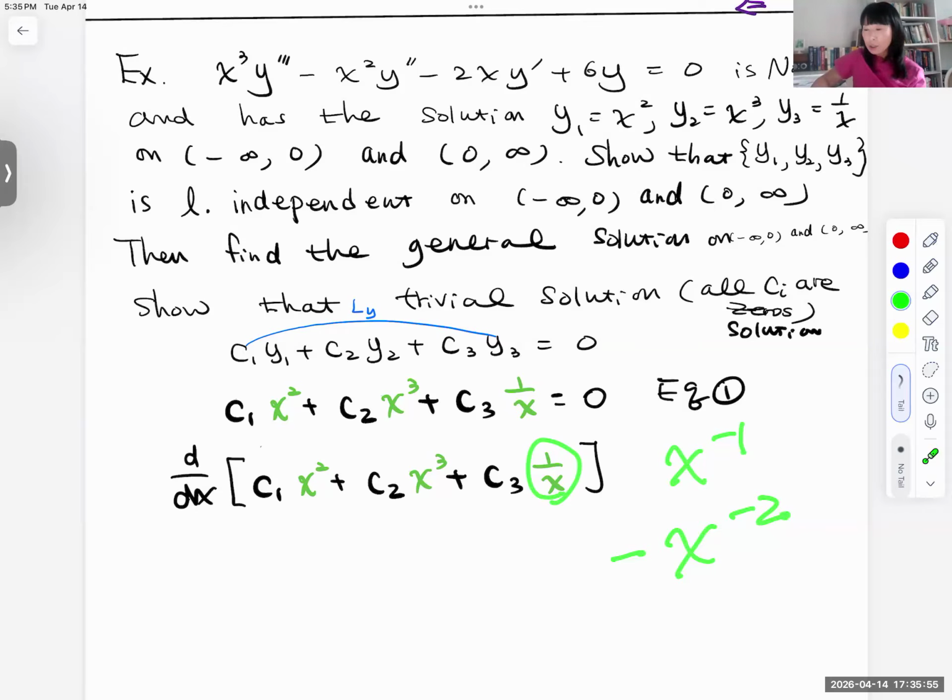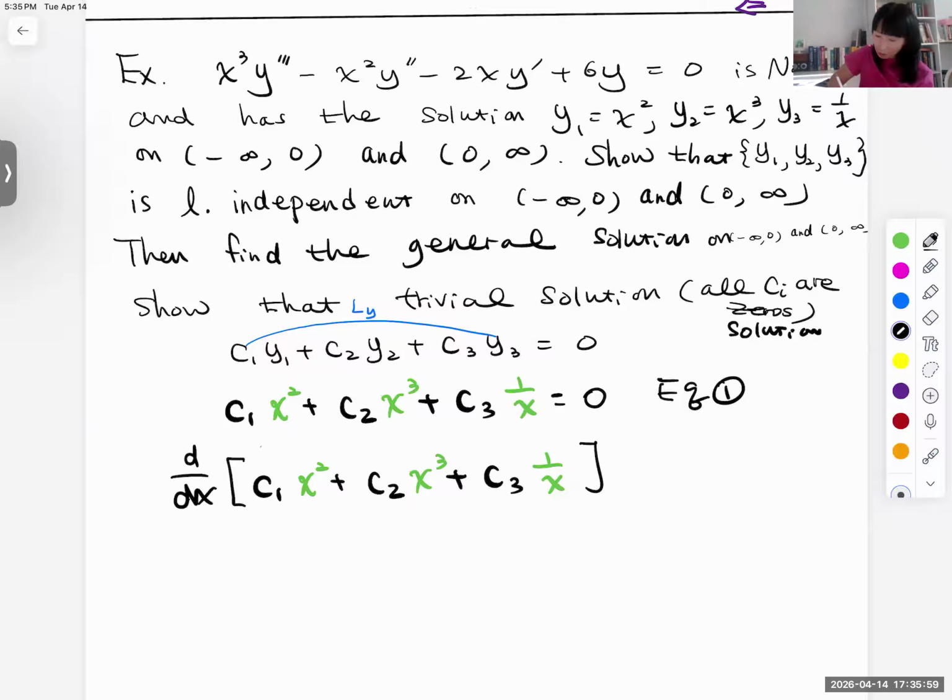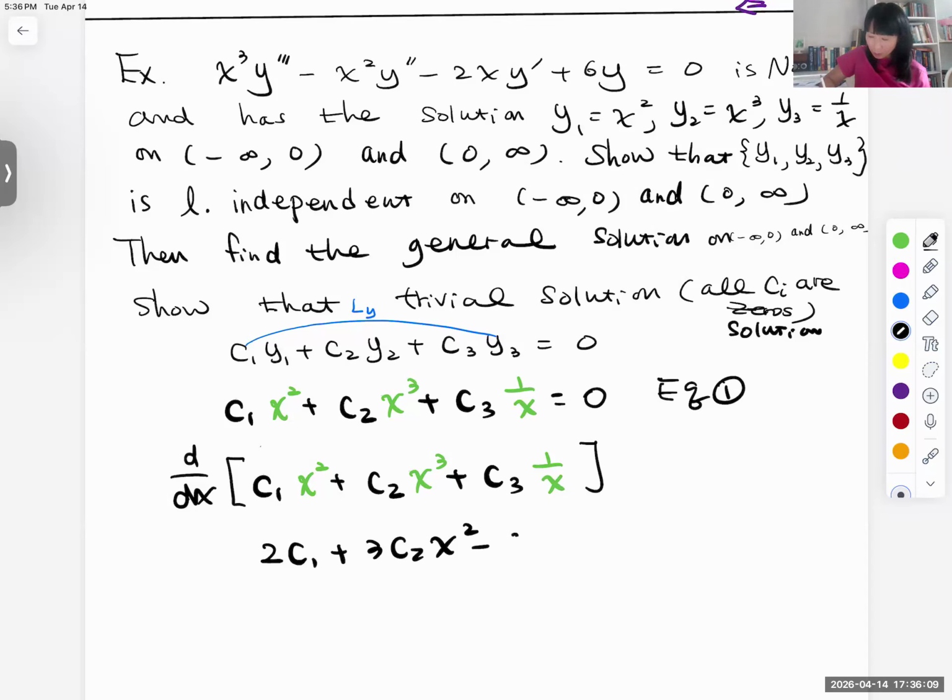So I'm going to write that down. That will be 2c sub 1 plus 3c sub 2 x to the second power minus c sub 3 over x to the second power. Make sense? You guys good?